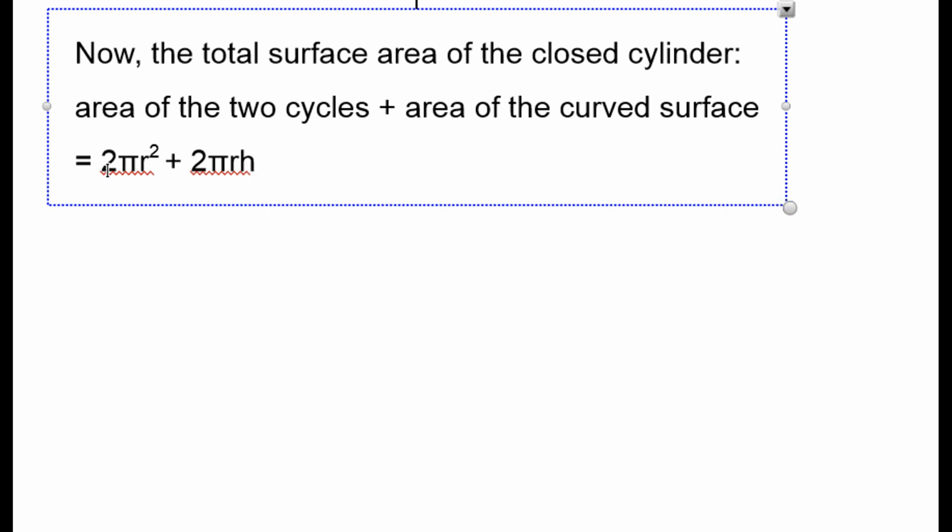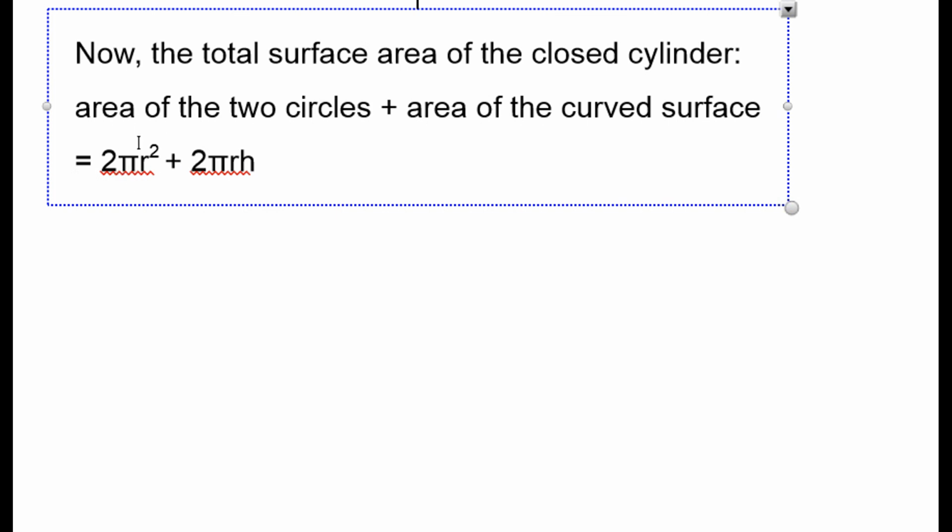Both ends are closed. But what if one of the ends is open, just like the one that the market sellers use? So now, one of the circles will go off. So if we do that, we just divide this by 2. If we divide this by 2, we have just pi r square plus 2 pi r h.